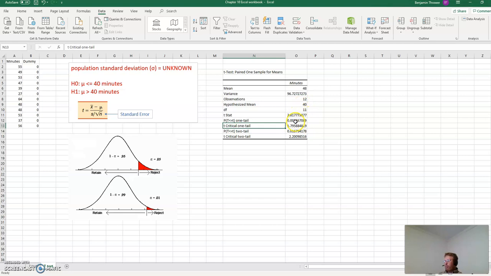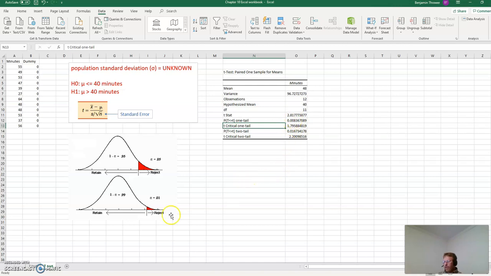That's a very small percentage, isn't it? 0.8%, 0.008. It's way smaller than 0.05, isn't it? And it lines up. That value is right here, the same as our 2.817 t-stat, right? Remember, we have different worlds down here, don't we? You can represent it in different ways. Okay, so we can look at our alpha versus our p-value, or we can look at our critical value t-stat versus our actual t-stat that we figured. Okay.